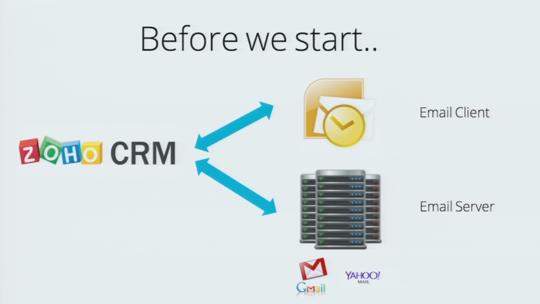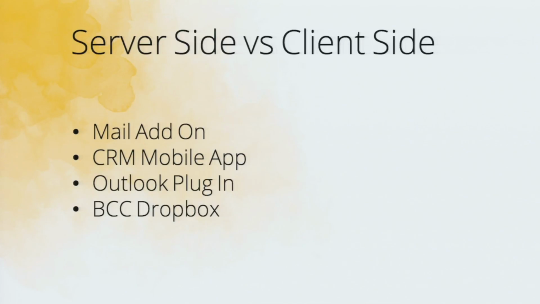However, some of us really like Outlook, so instead of communicating directly with the server, you can communicate with the client. The CRM basically makes a bridge between Outlook and the software itself, so you're not talking to the server. If you want to do both, you can communicate with both the client and the server. There are advantages to doing both, and there's a reason some people want to use the Outlook plugin as well. So these are the 4 ways I'm going to show you with the email.